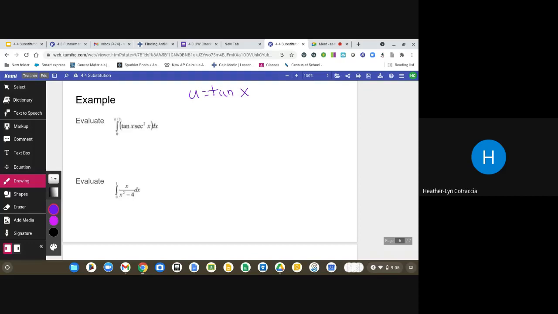Okay, why is u equal to tangent of x? Well, what's the derivative of tangent? The derivative of tangent is secant squared x. Moving that dx up, du is equal to secant squared x dx. And if you notice, that's that portion right there.